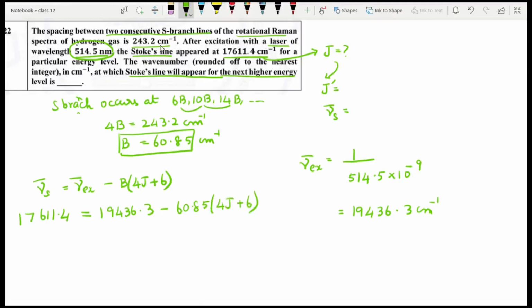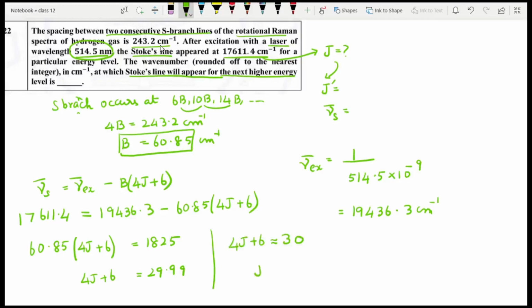By simplifying, we get 60.85 into (4J + 6) equal to 1825. Then 4J + 6 is equal to 29.99, which is approximately 30.